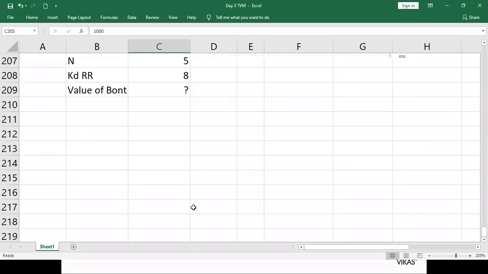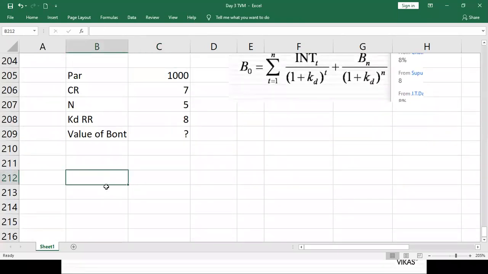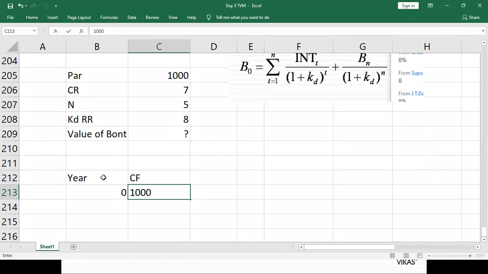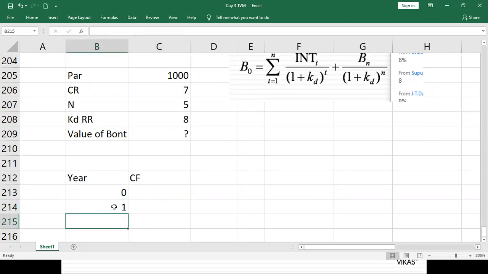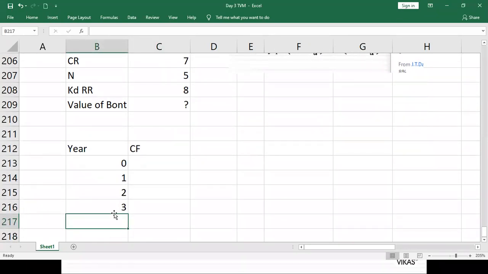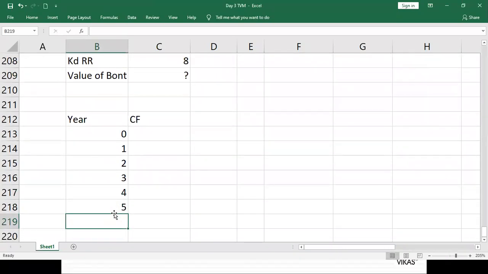End of year one, cash flow: here you have zero. You have purchased this bond today for 1,000 rupees. Year one, year two, year three, 4, 5 years.